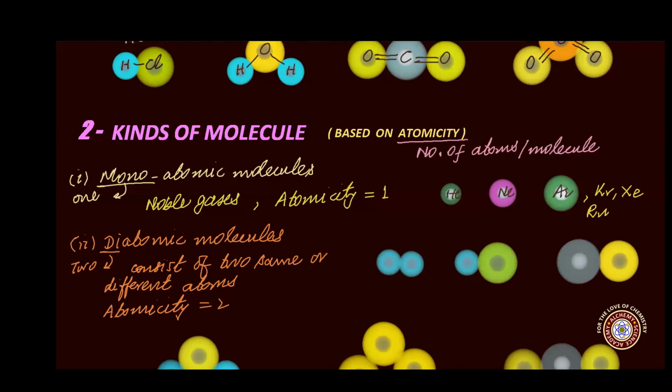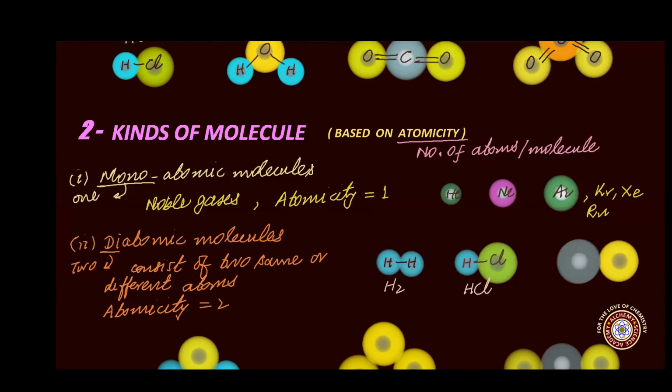Let us look at some examples. Here is a hydrogen molecule. Since this molecule consists of two atoms, it is a diatomic molecule. This is hydrogen chloride molecule, another diatomic molecule, but in this case it is a heteronuclear diatomic molecule.